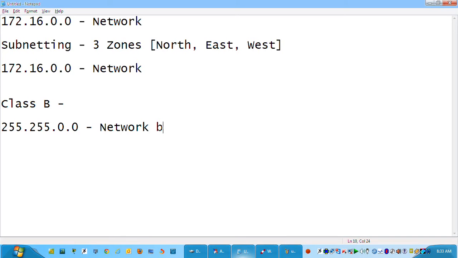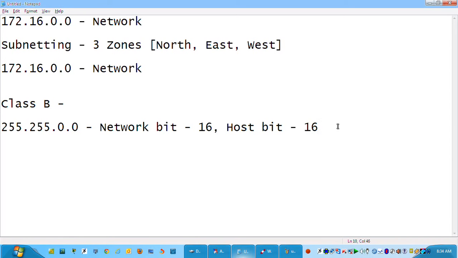Here the network is 16 bits and the host is also 16 bits. Since the first 16 bits are set to 1, it is 255.255.0.0.